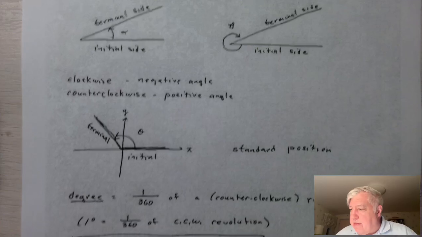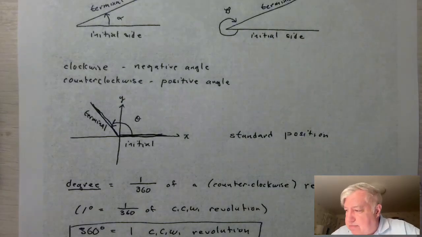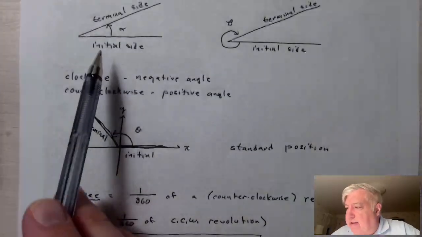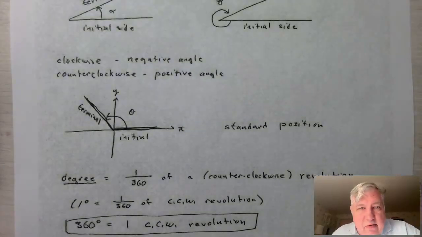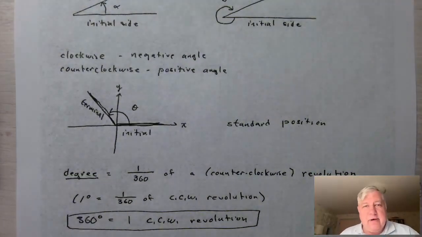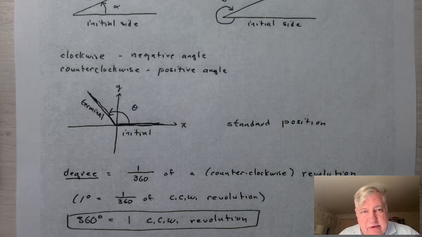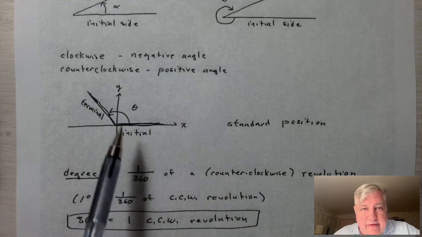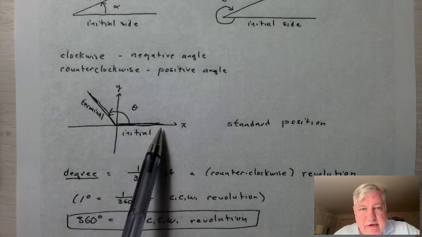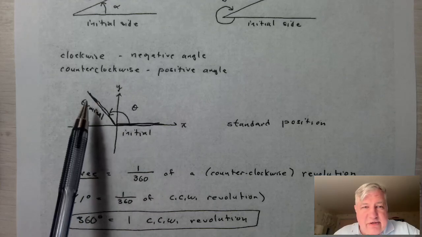And one way we can think about this, instead of just having these initial sides and terminal sides in a vacuum, is to translate them into the XY plane, the Cartesian plane, where the initial side will always be the positive x-axis, and the terminal side is just where you rotate the positive x-axis to.